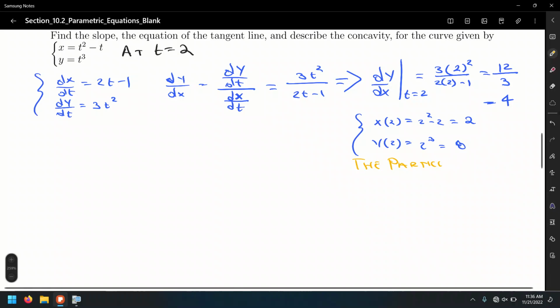I'm just calling it a particle in a generic way, because this set of parametric equations describes the motion of a particle along some path at different particular times.